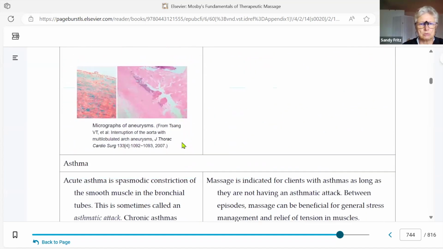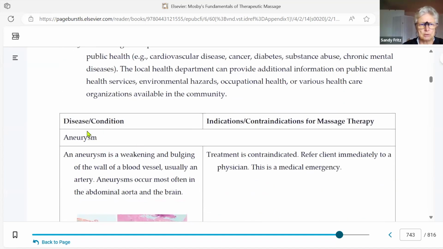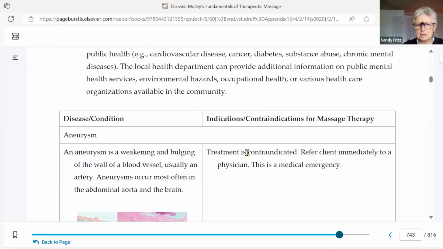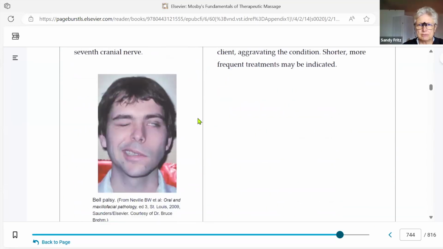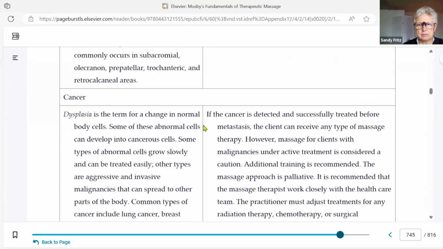It goes through and gives you the disease condition, and it's alphabetical. So here's an aneurysm, and then what is indicated or contraindicated. And this one says contraindicated, refer immediately. It's a medical emergency. You're going to want to know these. You need to know this.